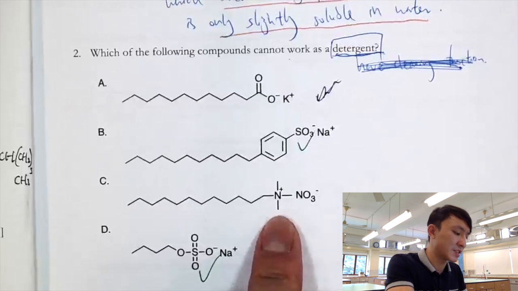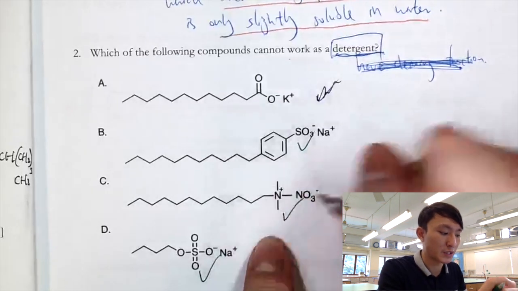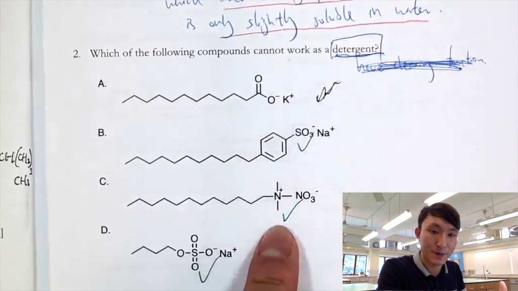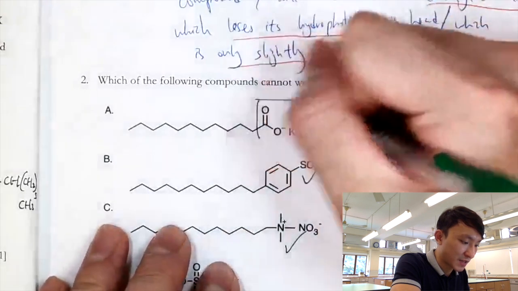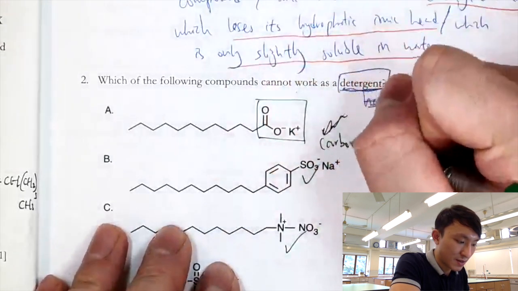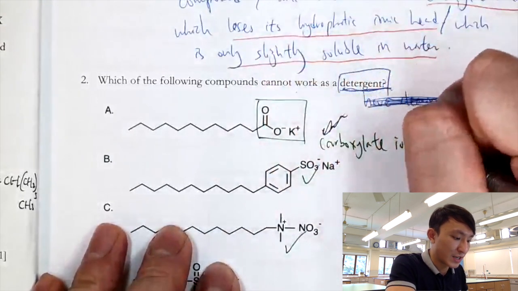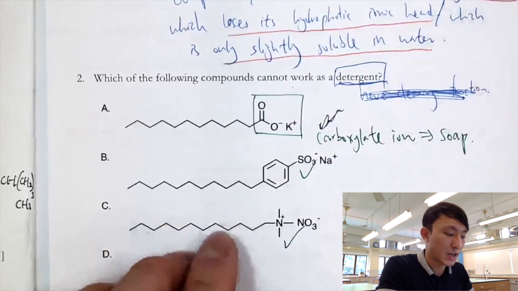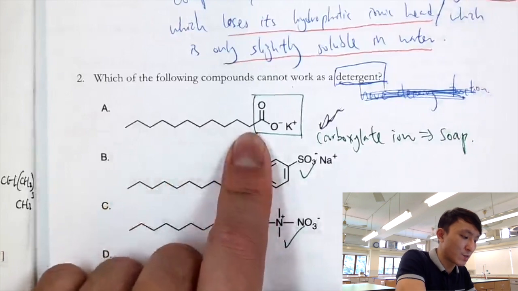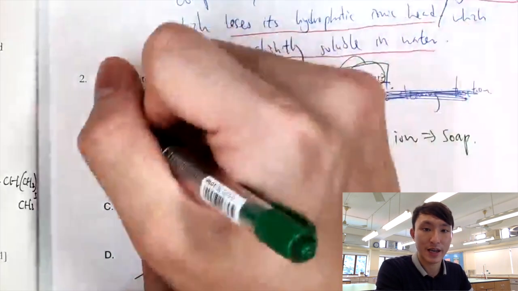But it still works because, remember, for detergent, the head could be negative, could be positive. Now for this one, this is a carboxylate ion, and this is actually a soap. If you have hard water, it will form scum. So that's why it doesn't work as a detergent. So the answer is A.